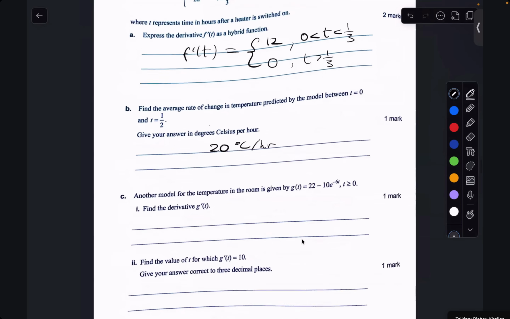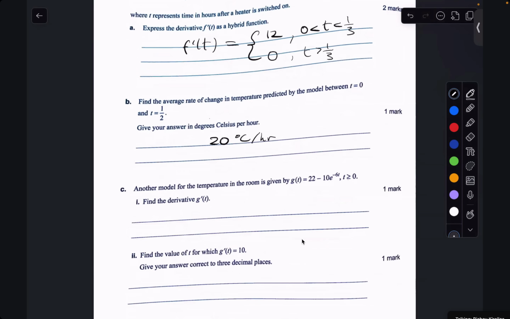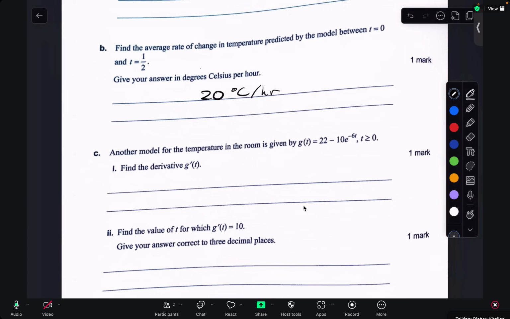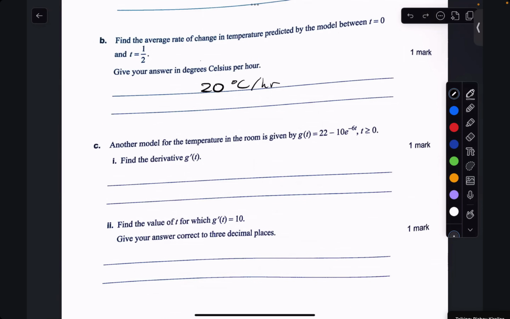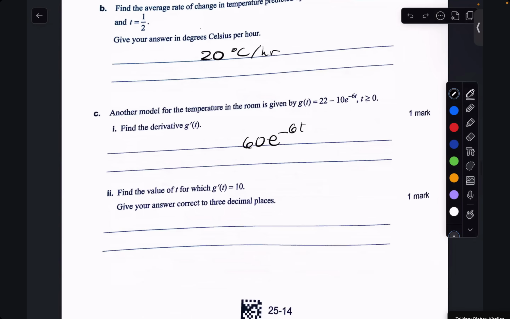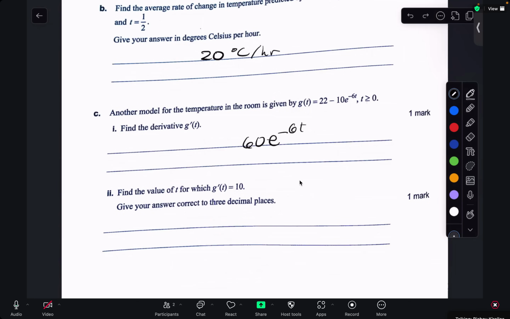Okay. Another model for the temperature can be given by that. Find the derivative. So this goes, and this would be positive 60 e to the negative 6t. And that's just because you multiply that, you get 60, and copy and paste the rest. Find the value of t for which g dash t is equal to 10. Give your answer correct to 3 decimal places.